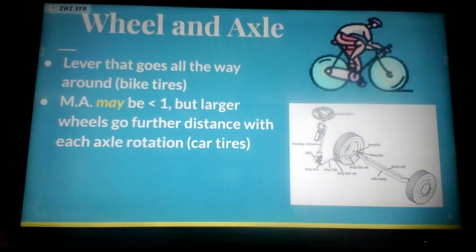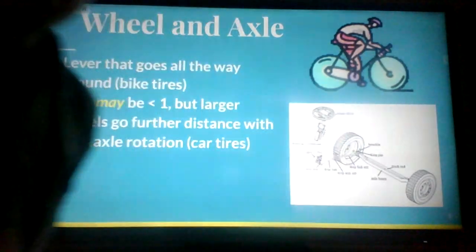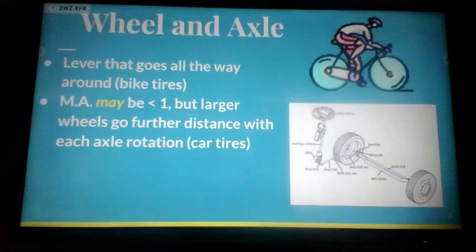Our mechanical advantage may be less than 1 in some cases, such as on a bike, but realize the larger wheels go further distances, and the larger the wheel, the bigger the diameter, the more distance one complete rotation will be. So think now of a car tire, a smaller axle, as you see right about here, and a much larger wheel in diameter in comparison.